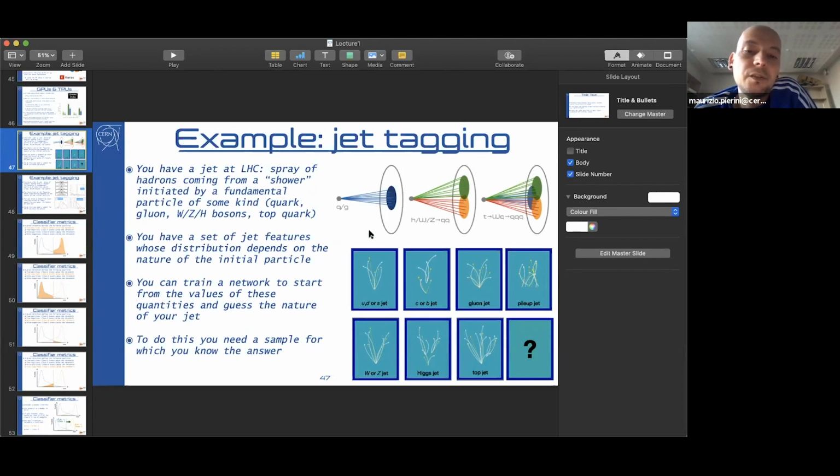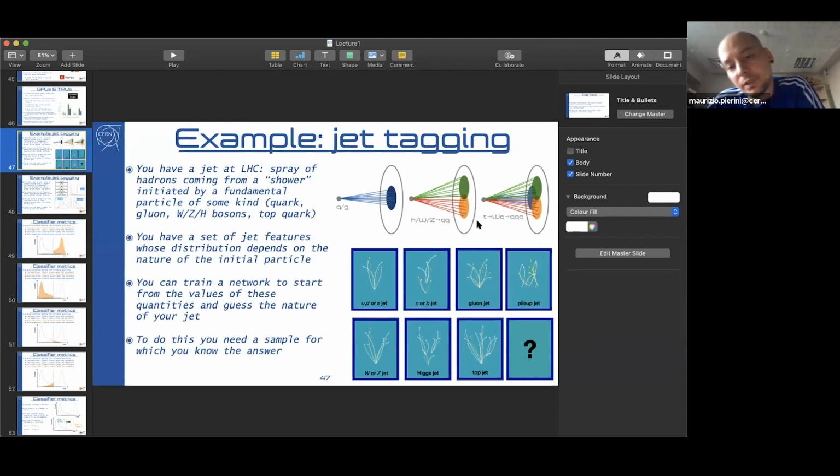You have classic QCD jets, quarks and gluons, where you have a shower of particles, which is cone-like. Then you have the heavy bosons that decay to a couple of quarks. And if these bosons are boosted, these 2 jets get close to each other, and so you reconstruct a single jet, but it's actually the overlap of 2 jets.